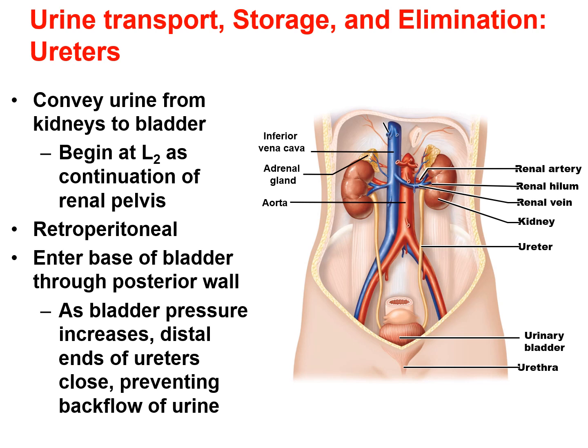And when the bladder pressure increases, as you're filling up your bladder with more and more urine, the distal end of the ureters will close off so that you don't have any backflow of urine from the bladder into the ureters and back up towards the kidneys.